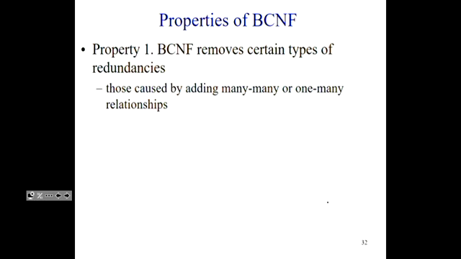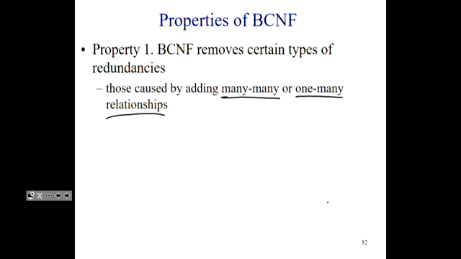Cool. So now that we know how to compute these BCNF decompositions, let's step back and talk about the properties of BCNF decompositions. The first property is that BCNF removes certain types of redundancies. These are the redundancies caused by adding many to many or one to many relationships, as well as internal redundancies within an entity set caused by functional dependencies between the attributes of an entity set.